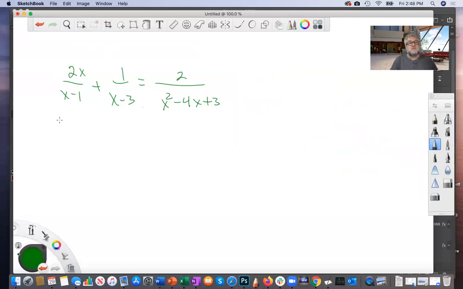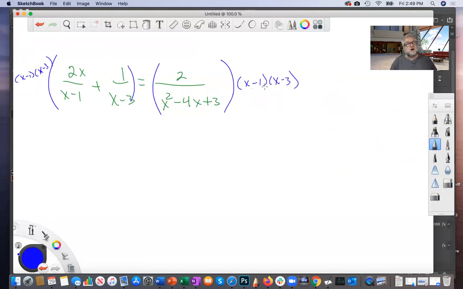If I want to clear the fractions, I know on this side, I'm going to have to multiply by x minus 1 times x minus 3. When I do that, I know I'm going to get rid of this denominator and I'm going to get this denominator. But over here, I have to multiply by x minus 1 times x minus 3 as well.